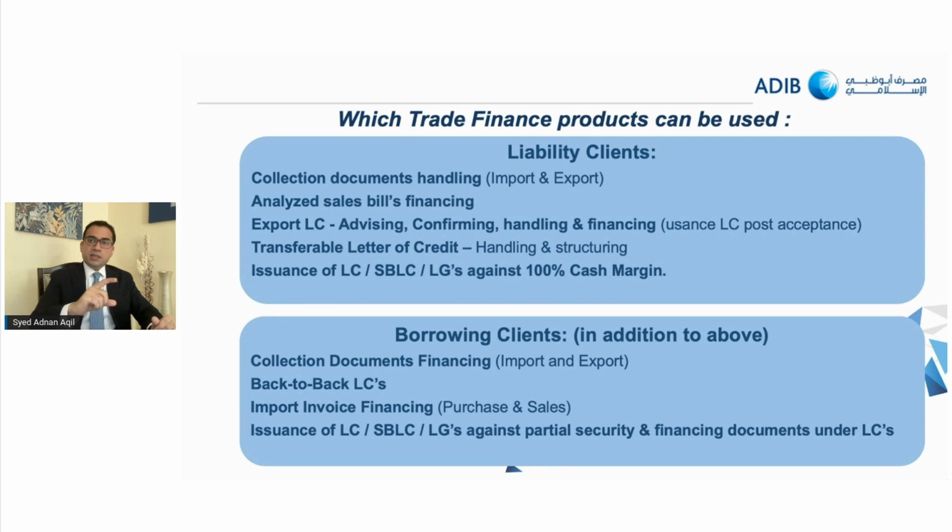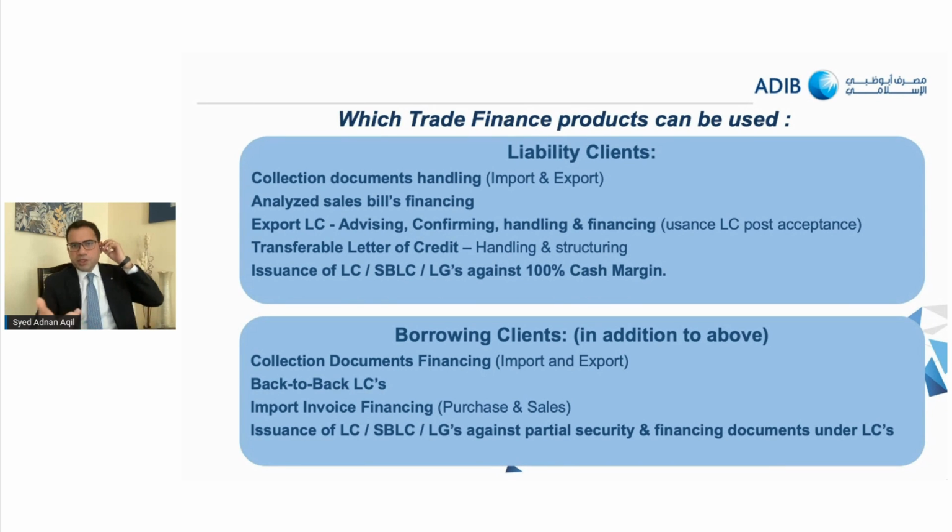But if a customer is non-borrowing, there are still some trade products which can help them in their business in a limited scope, to excel in their business in their top line and bottom line of profits.